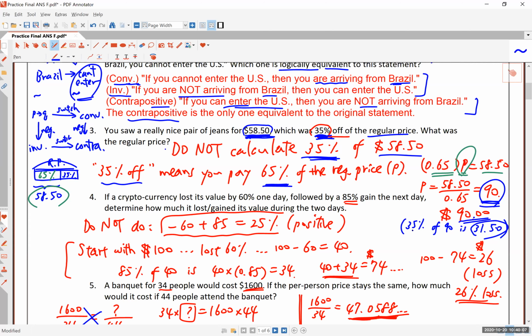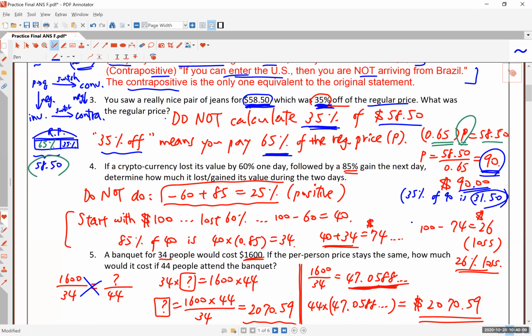Okay, number 4. If a cryptocurrency lost its value by 60%, this is also a similar problem that has to do with a changing or sliding reference number of percentages. All right, so if a cryptocurrency lost its value by 60% one day, and it's followed by 85% gain the next day, determine how much it's lost or gained during the last 2 days.